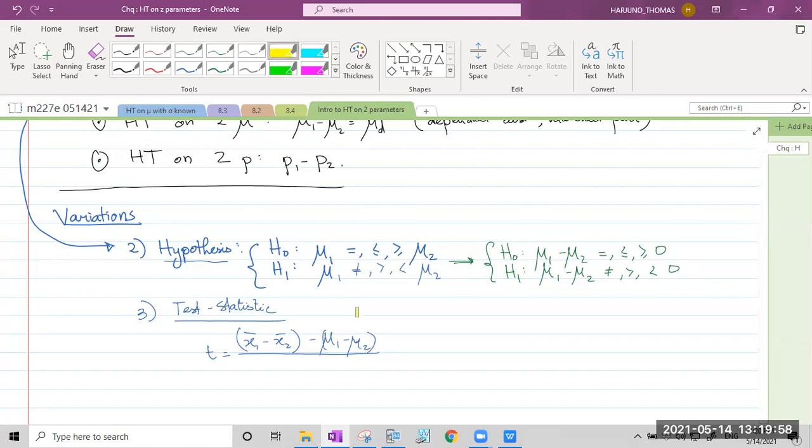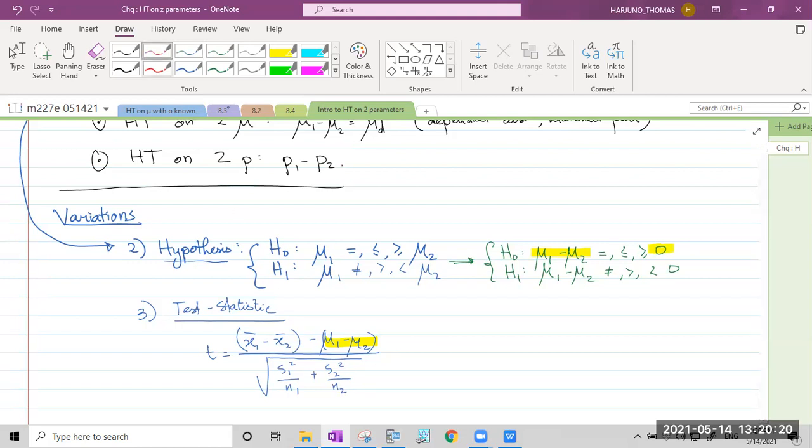But this part later on will be replaced by 0, over the square root of the variance from the first sample plus the variance from the second sample, divided by sample size.